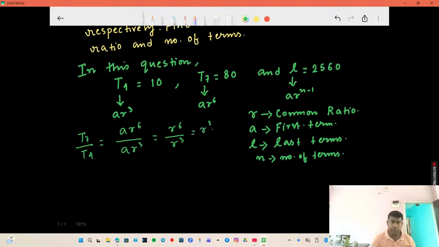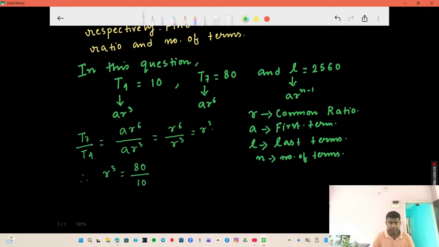Is it clear to you? So if we divide T7 by T4, we will get R cubed. And what is R cubed equal to? R cubed is equal to 80 by 10.